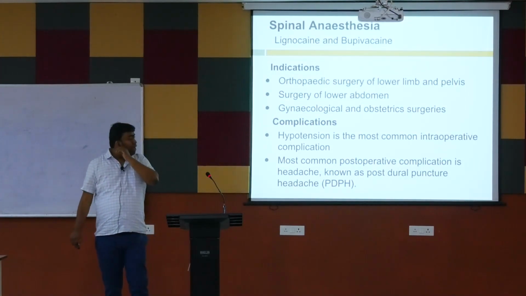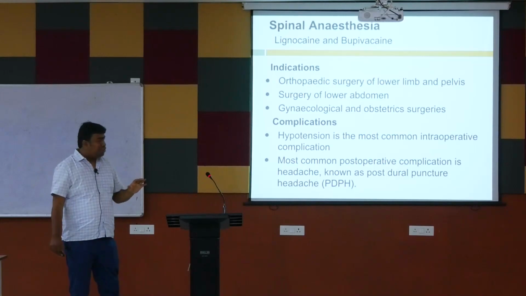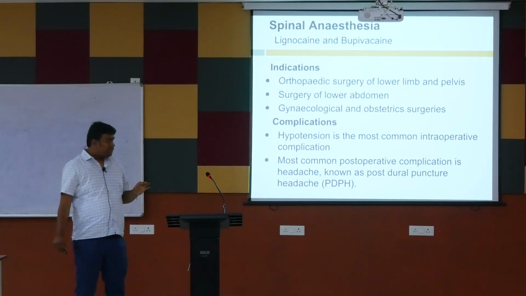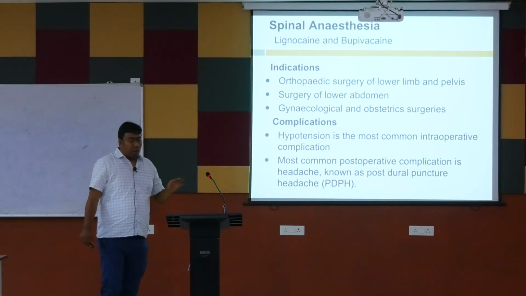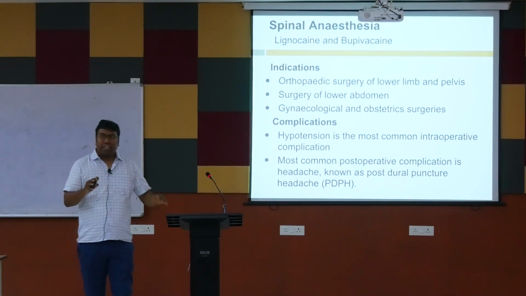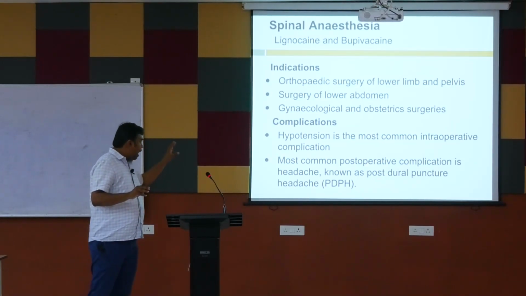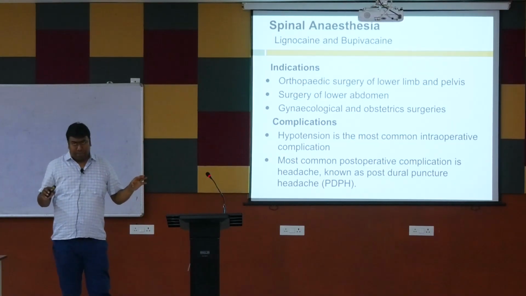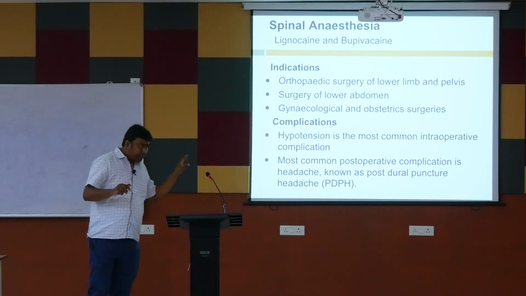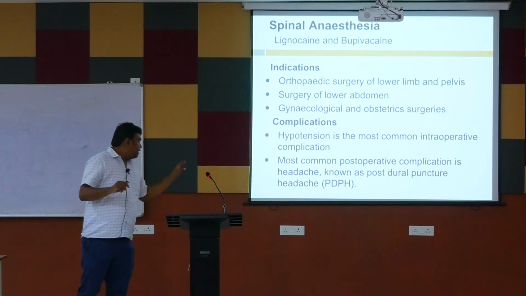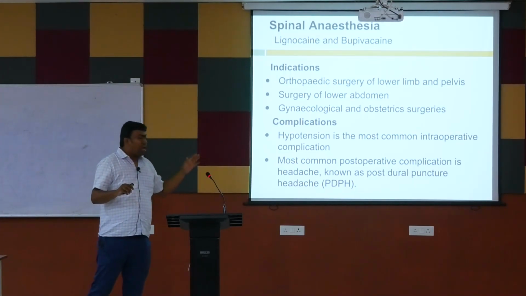Spinal anesthesia is primarily used in orthopedic procedures and in gynecological surgery. What are the complications of spinal anesthesia? They can produce hypotension intraoperatively, and there will be a post-operative headache caused by the dural puncture.